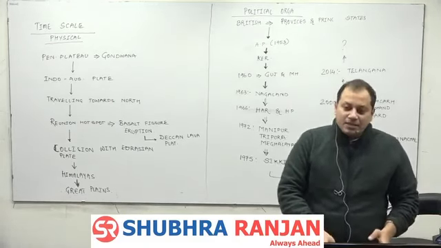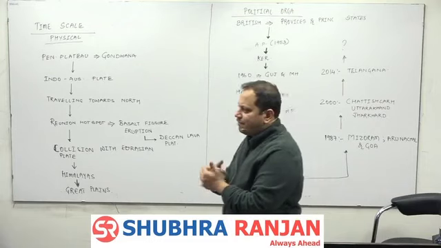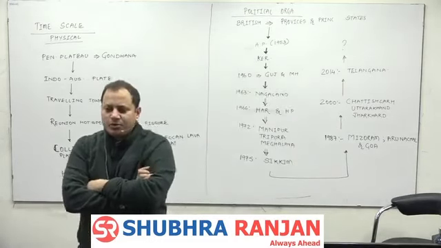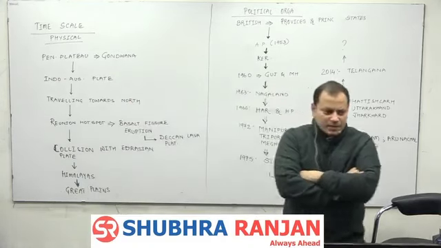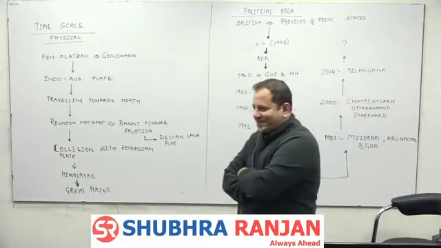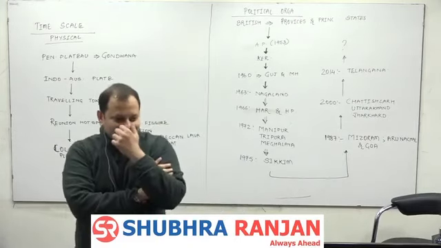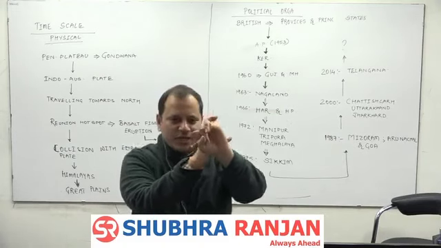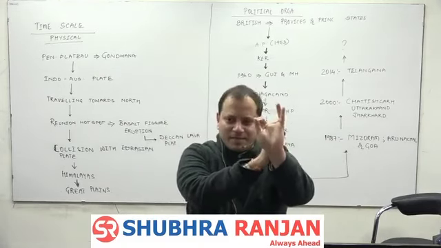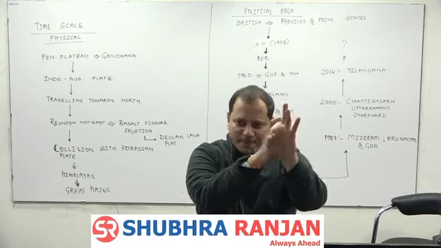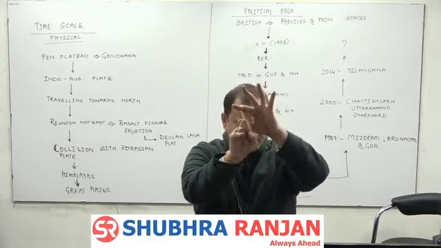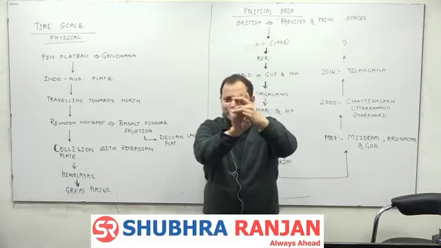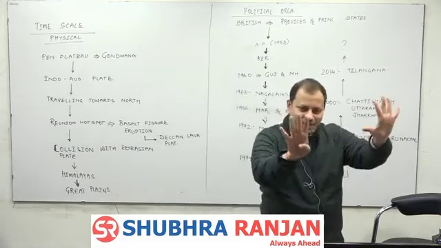And tell me the states of India which are coastal states. How many states in India are coastal? Count there. 9 states of India are coastal states. What are the coastal states? Start from Gujarat. After Gujarat, Maharashtra, then Goa, then Karnataka, Kerala, Tamil Nadu, Andhra, Orissa and West Bengal. So 9 states.